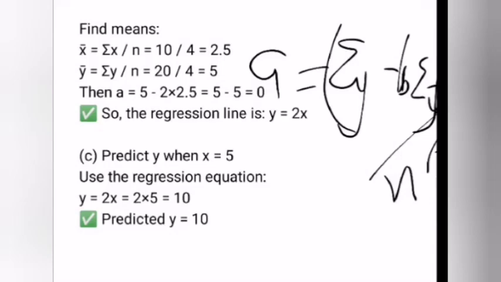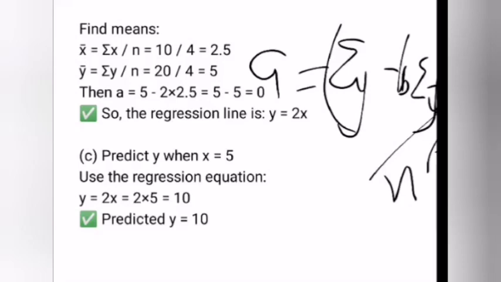So you put it into your formula and then you get a. So your regression line is going to be, your a is going to be 0. So your regression line is y is equal to 0 plus 2x.